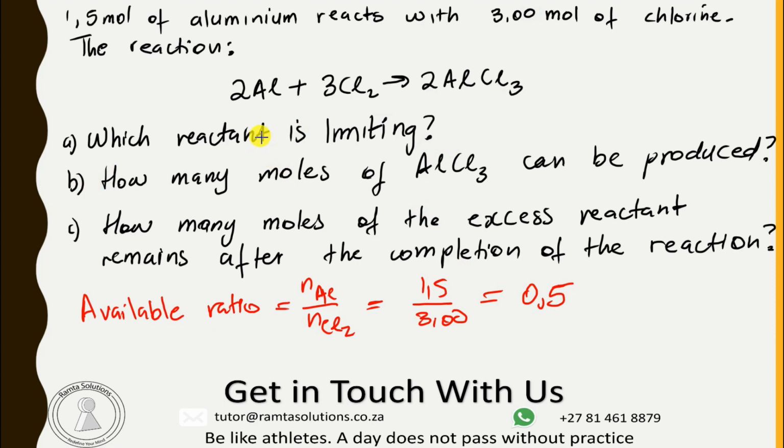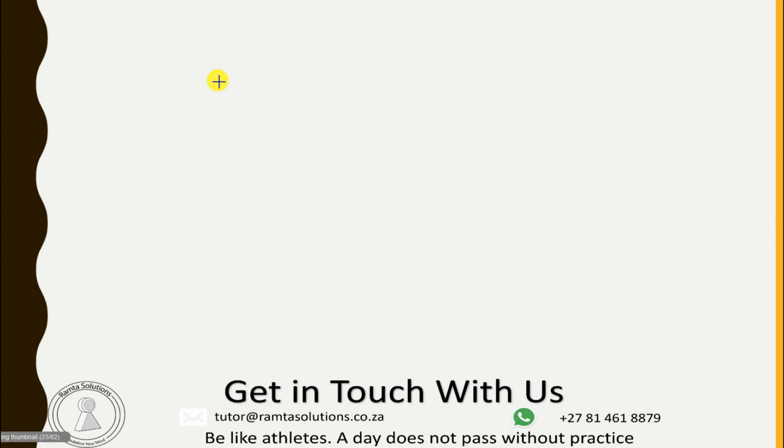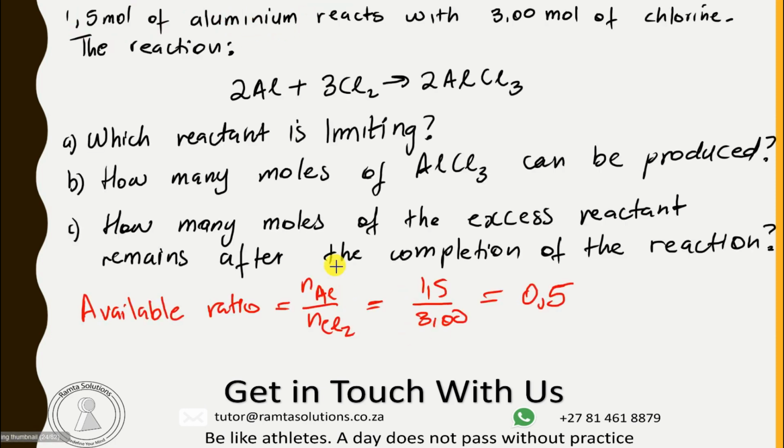Now we are going to look at the required ratio, which is the ratio according to stoichiometry or according to the chemical equation. The required ratio will be, we had said it's aluminum, so how many moles of aluminum do we need in this reaction?